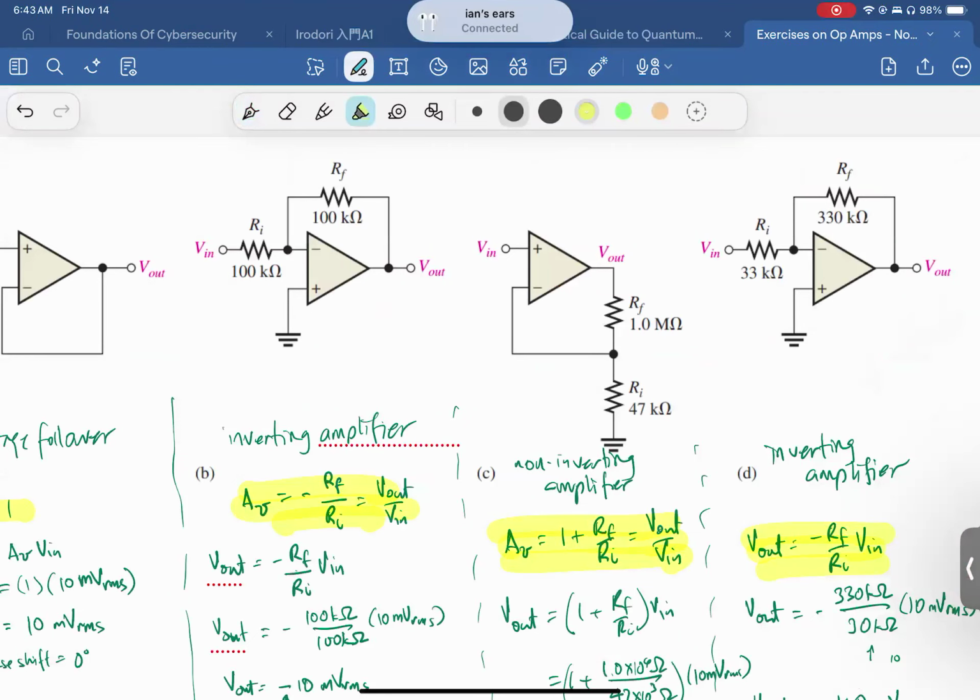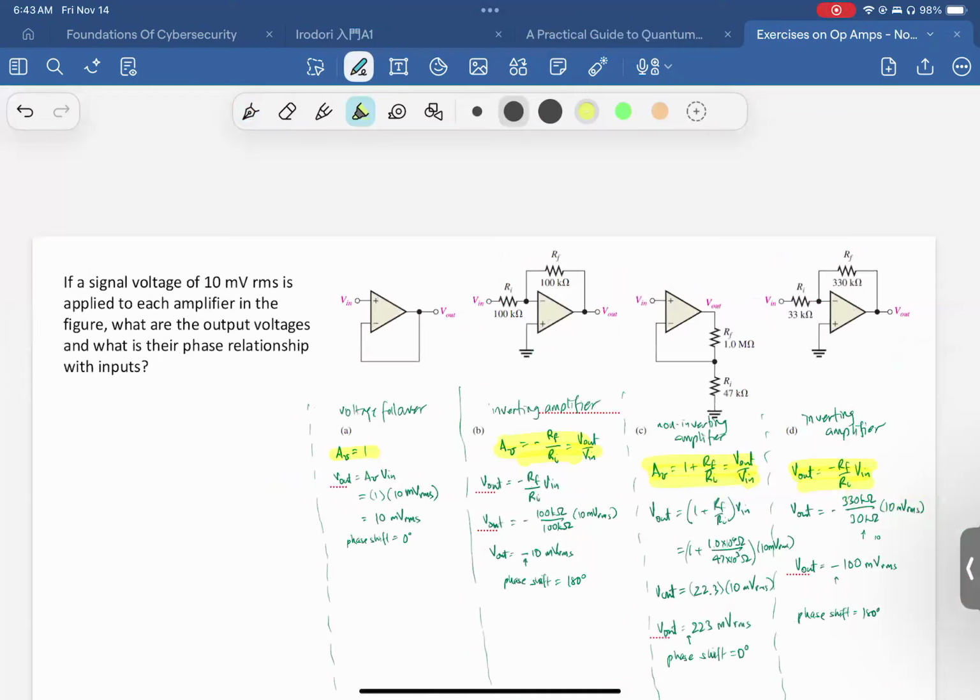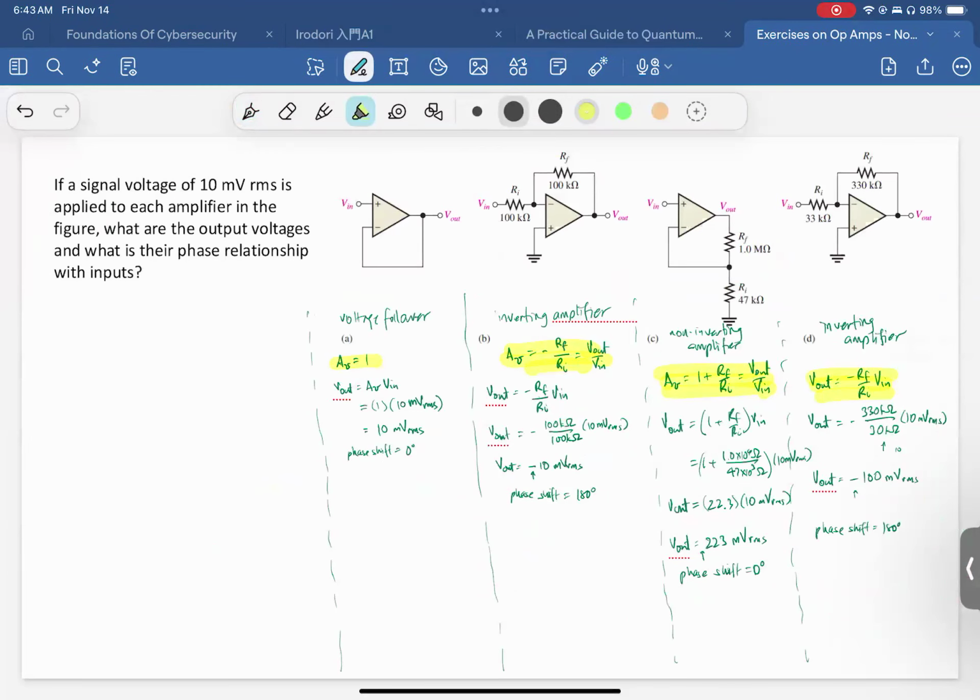And then pag open loop gain, alam natin na ideally, it's infinite. But dun sa data specs, sa data sheets, makikita nyo kung ano talaga yung actual na open loop gain nung amplifier.